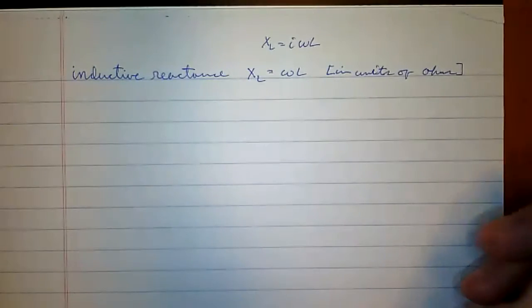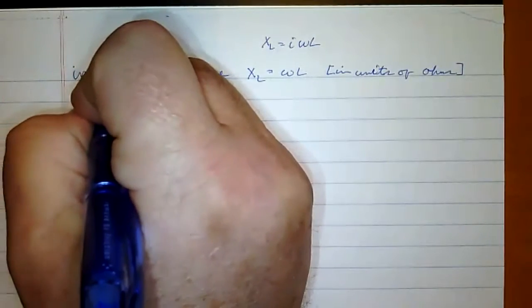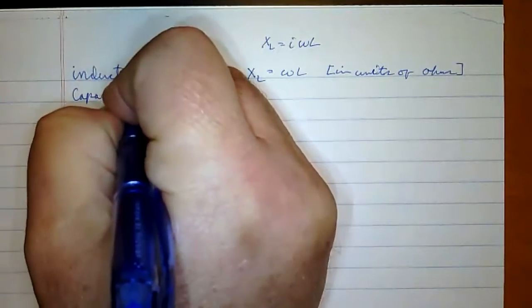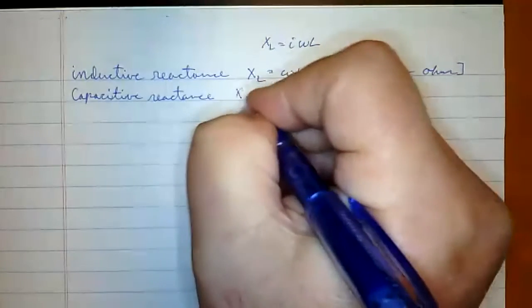So it's in units of ohms. And they also introduce a capacitive reactance. And that's X sub C.